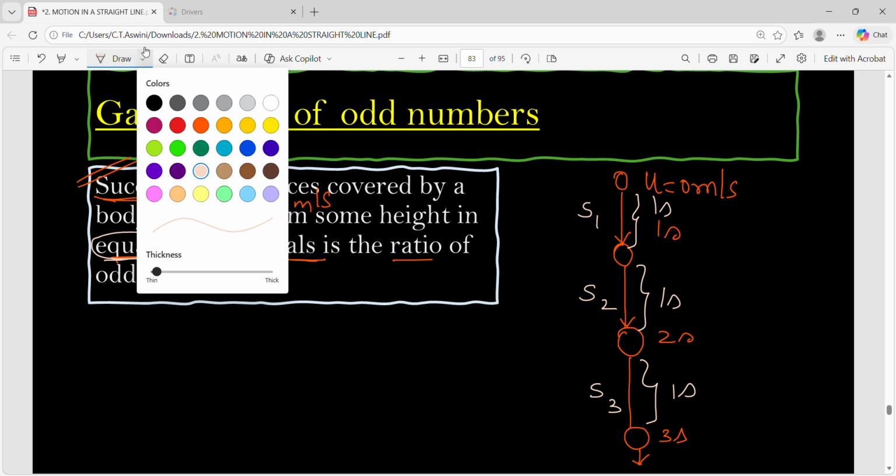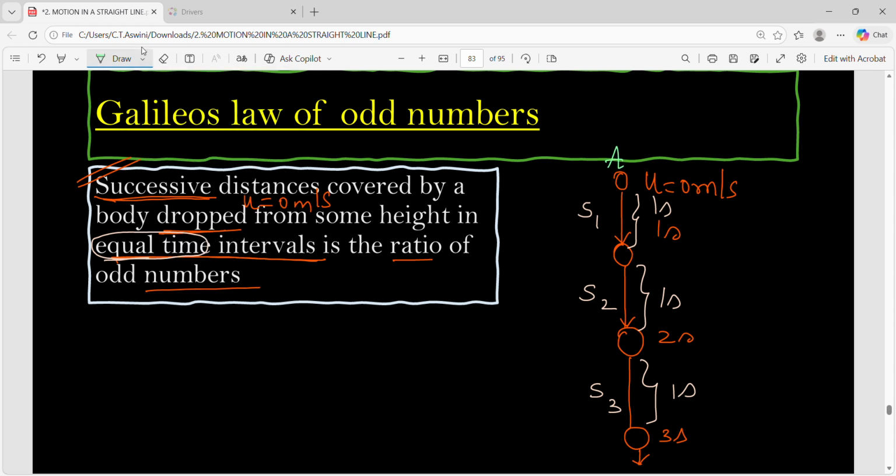What is this S1, S2, S3? Imagine A, B, C, and D, and so on. S1 is the distance from A to B, S2 is the distance from B to C, and S3 is the distance from C to D. So these are the successive distances.